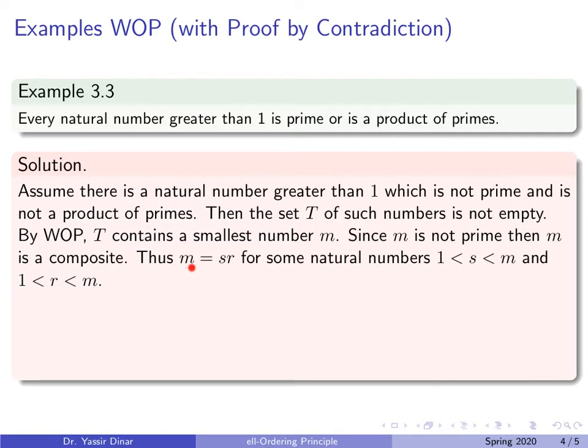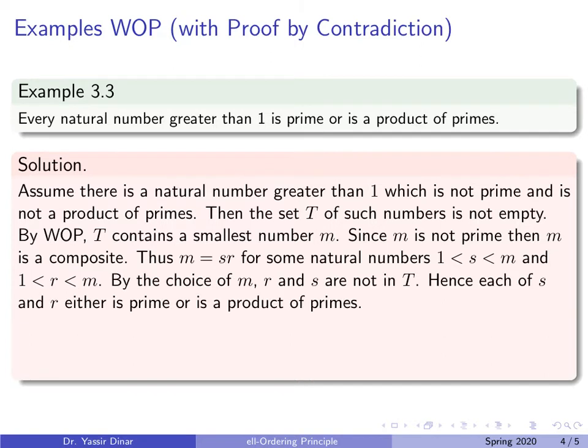It means that we can write M as a product of S and R, where S is greater than 1 and less than M, and R is greater than 1 and less than M. But this means that R and S are not in the set T because they are smaller than M. That means S and R are prime, or they are products of primes, because the set T is a set of all integers which are not prime and not a product of primes.